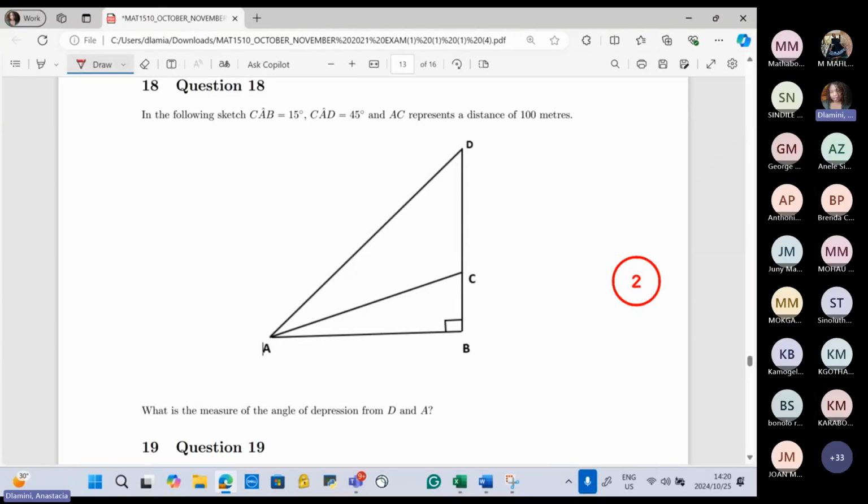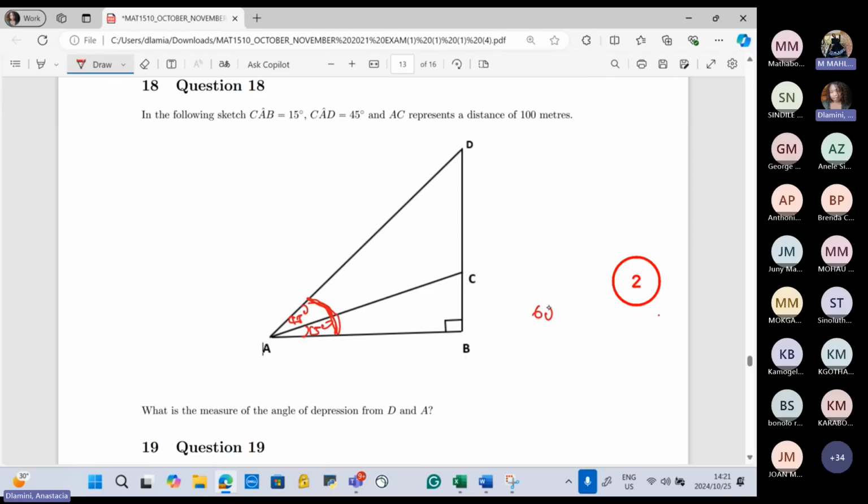Did you see it changed? Ma'am, can I try? Yes, you can try. We are given that angle CAB is 15 degrees, and angle CAD is 45. I will add that 15 and 45 to get the whole of angle DAC, which gives me 60.